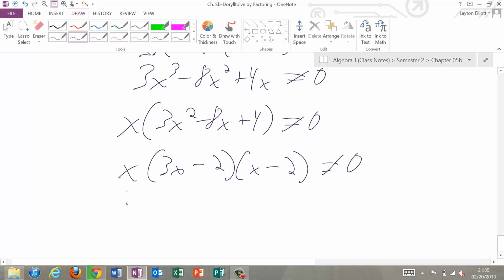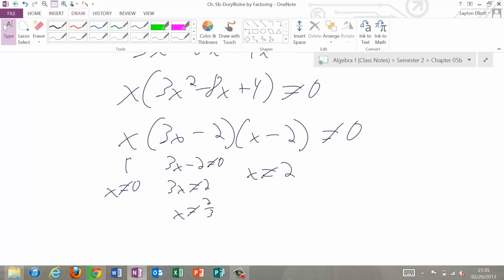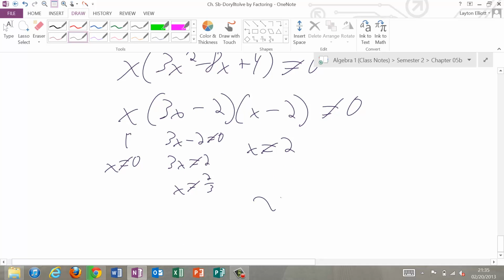So what this tells me is that x is not equal to 0. This 3x minus 2 is not equal to 0, so 3x is not equal to 2, where x is not equal to 2/3, and then this is x is not equal to 2. So my domain, we can say all x such that x is not equal to 0, 2/3, or 2.